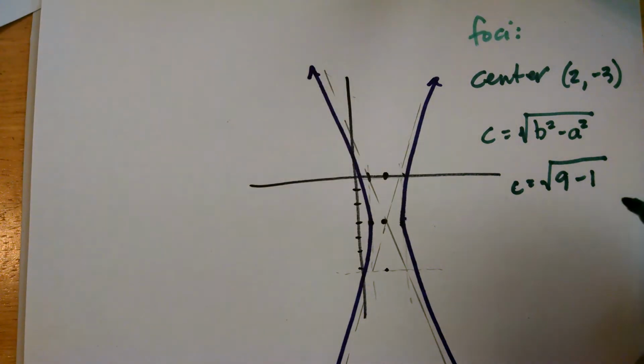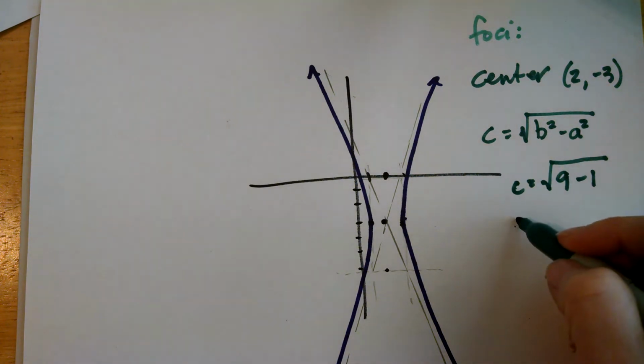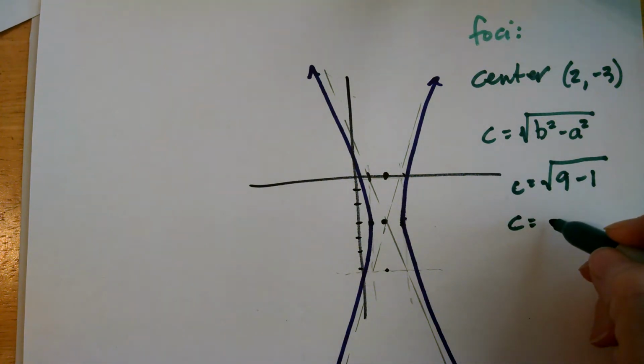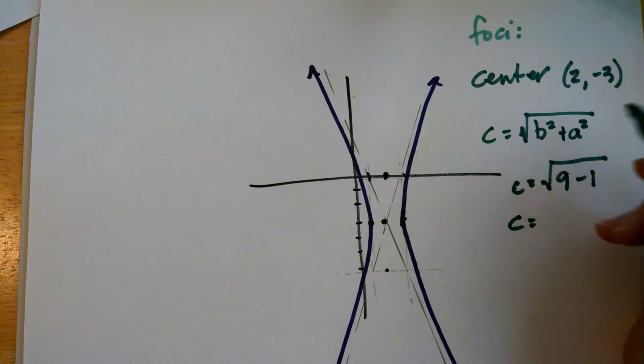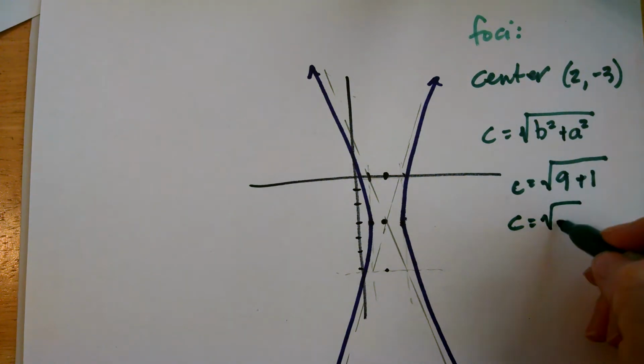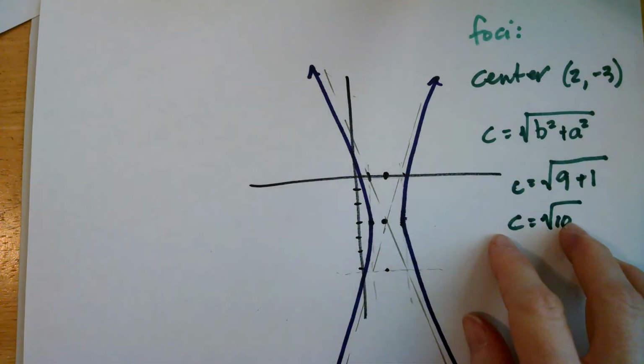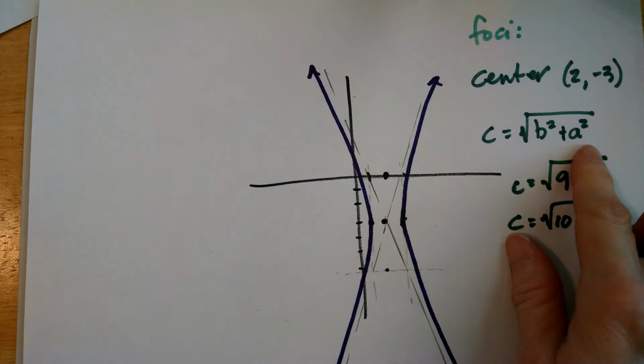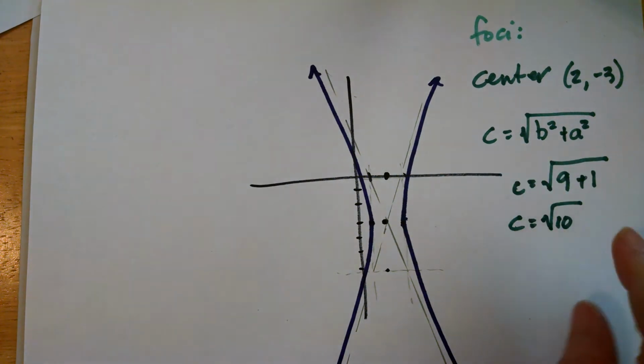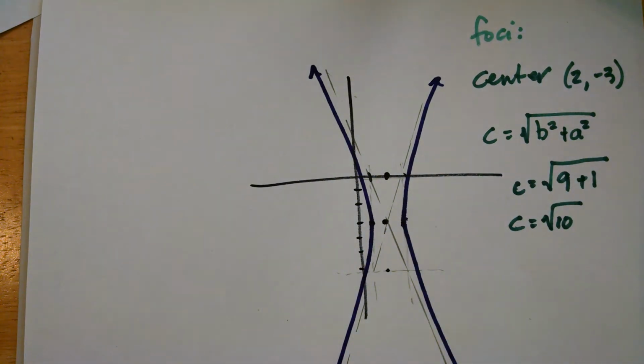Okay, so square root of, no, this is plus, sorry, plus 10. I was in another mode here for the ellipse. Okay, so for a hyperbola, we want to add these together. It doesn't matter which order you put them in. You're going to equal the square root of 10.